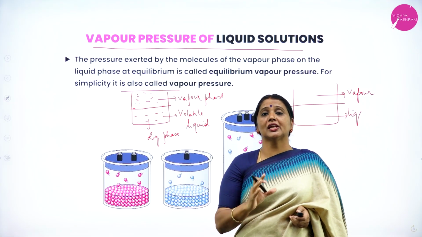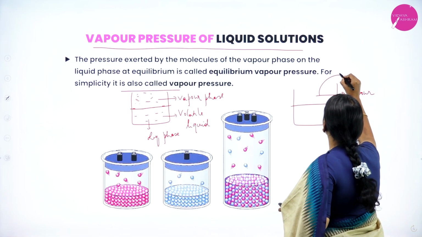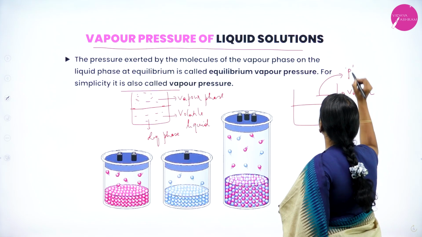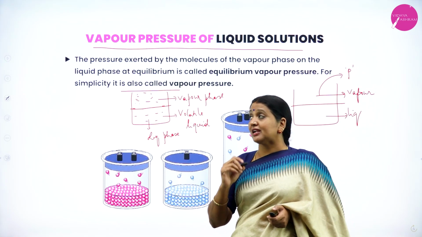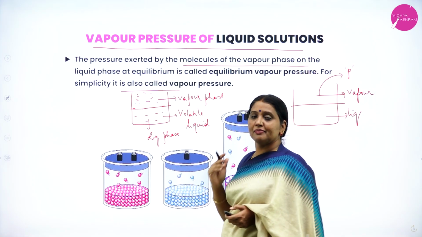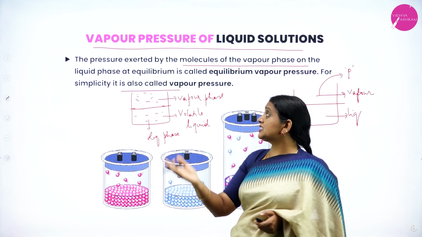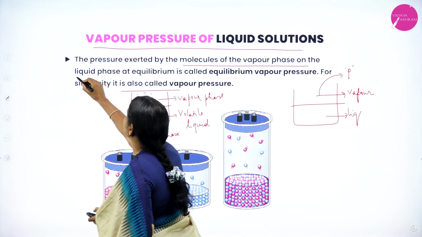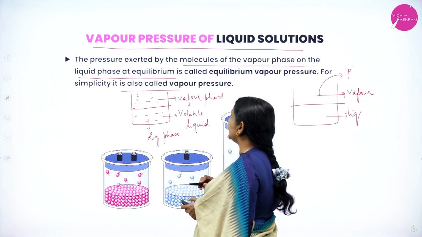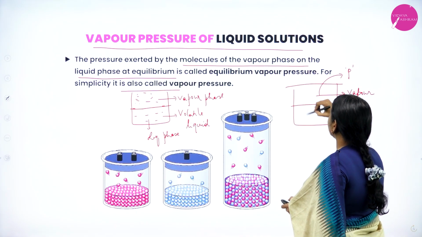And we have to take a volatile liquid. The vapor phase exerts pressure, the pressure exerted by the molecules of the vapor phase which is present above the liquid phase at equilibrium. Here, inside the beaker, two reactions take place.